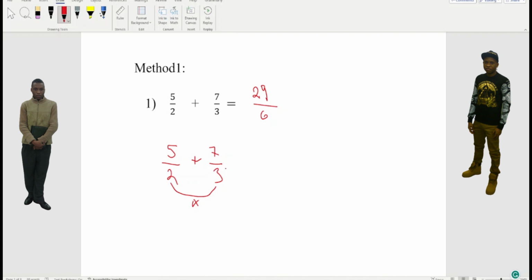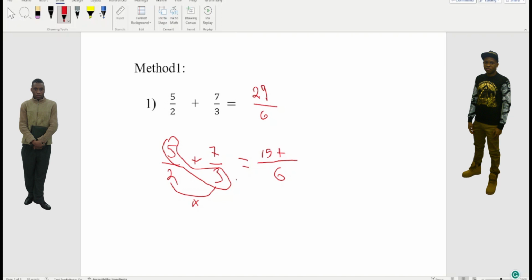And then after that, what they do, this 1. So this is what they do. They multiply 2 times 3 equals 6. And then 3 times 5 equals 15, and then plus, right?